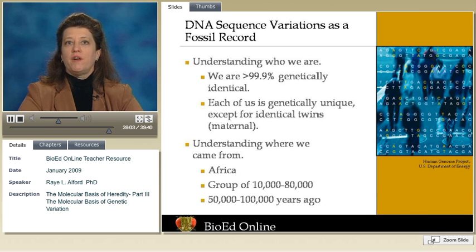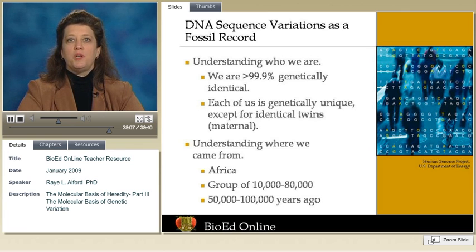DNA sequence variations are also a fossil record of the human species. Humans are more than 99.9% identical at the DNA level. However, with 3 billion base pairs in our haploid genome, this leaves a lot of room for variation. Thus, each of us is unique, with the exception of identical twins who share the same genetic makeup.